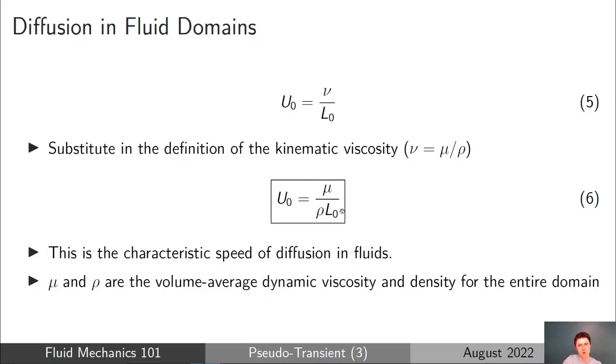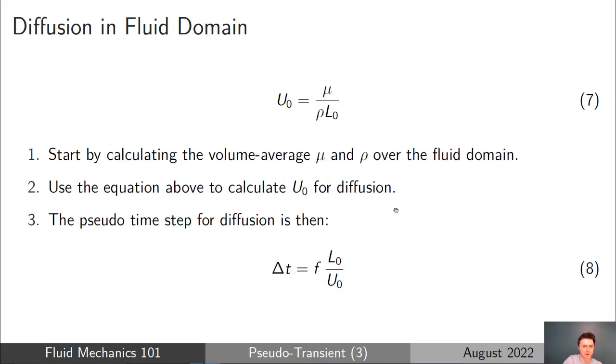And in the same way that we did for the thermal diffusivity, of course, the dynamic viscosity and the density are taken as averages over the entire domain, because we only need a representative speed for how the effect of boundaries propagate through the domain. And so just a quick recap, how would we actually calculate the characteristic speed for diffusion in a fluid domain?